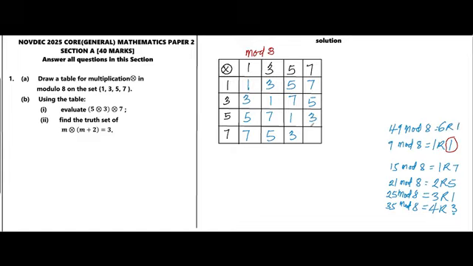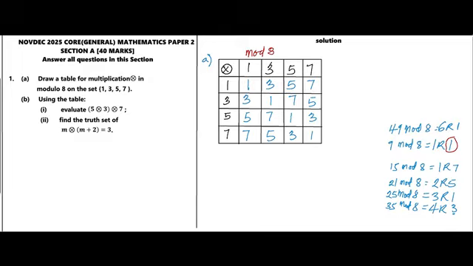So that is the remainder. So here is 1. Now we are done with the multiplication table in mod 8 on the given set, 1, 3, 5, and 7. This is for the A part of the question.